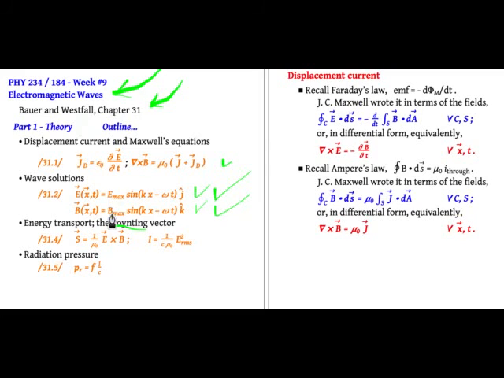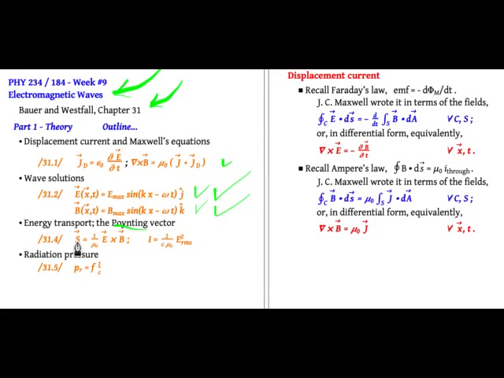And as we'll see when we work out the details of the wave solutions, the intensity can also be written as 1 over c mu 0 E squared RMS, where c is the speed of light or of any electromagnetic wave. Mu 0 is the usual magnetic constant. And the root mean square electric field, well, the square of the root mean square is the mean value of E squared, mean value over one period of oscillation.